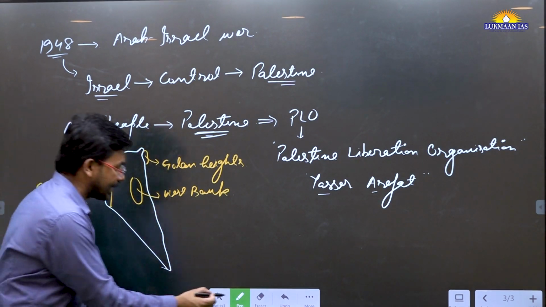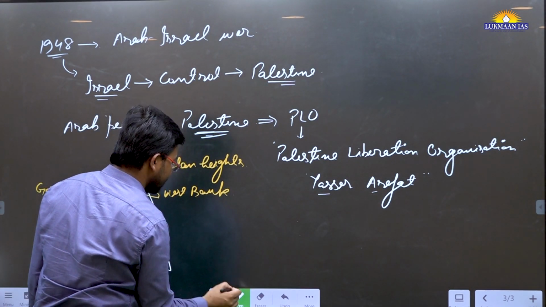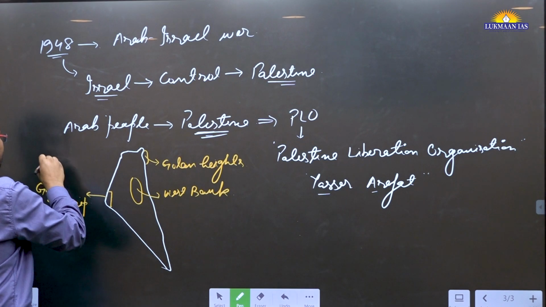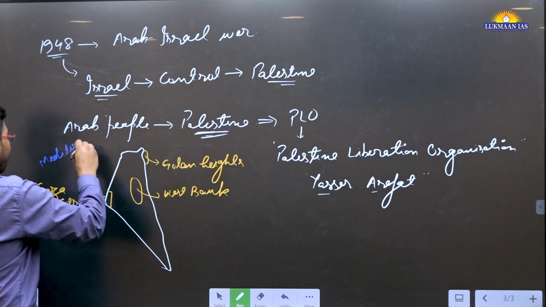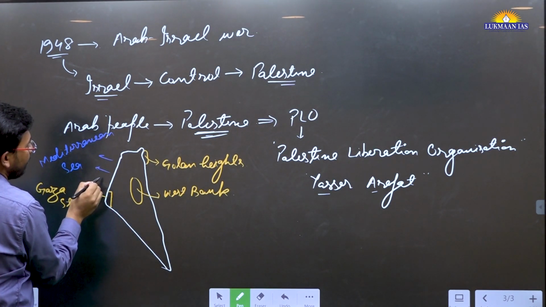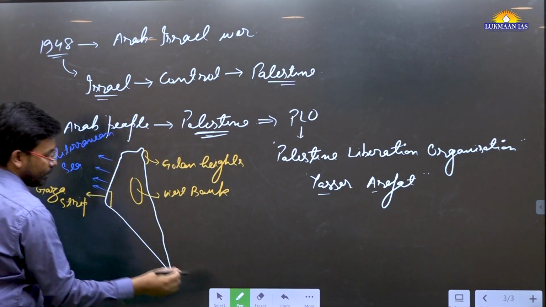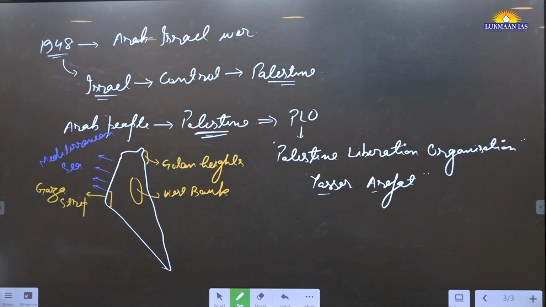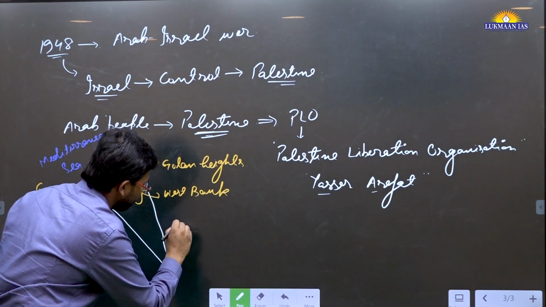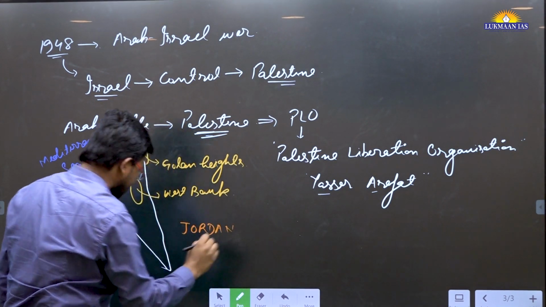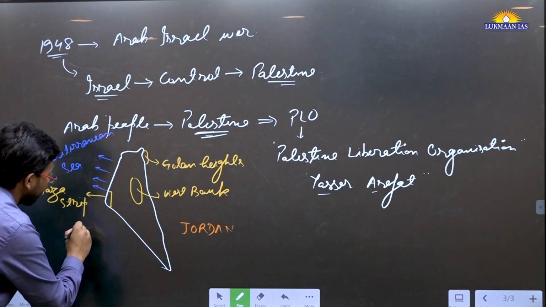If we talk about which regions surround Israel, over here we have the Mediterranean Sea. Apart from this, the countries are important from a mapping point of view. We have Jordan on one side, then Egypt over here.